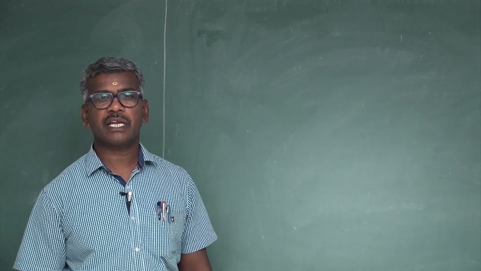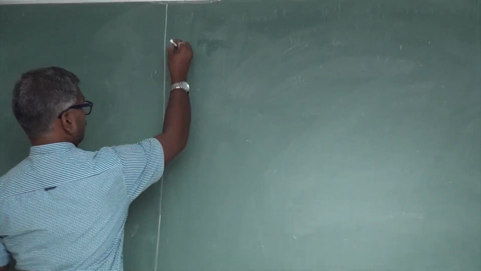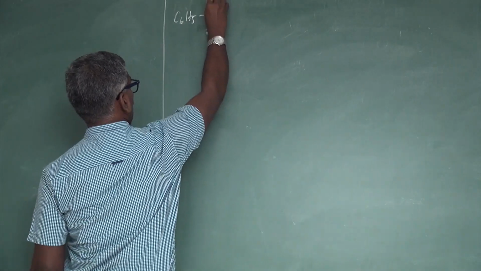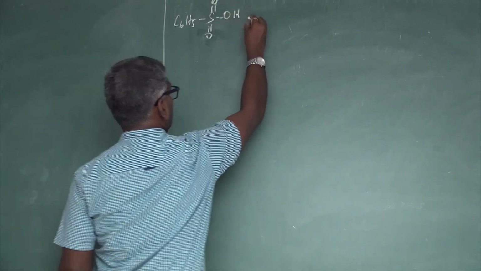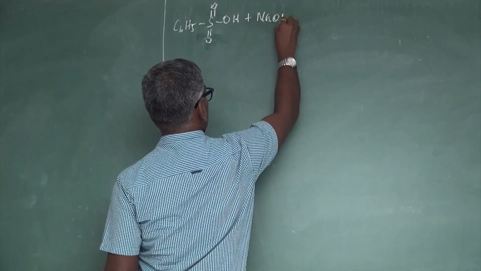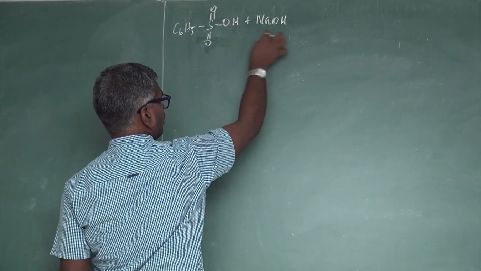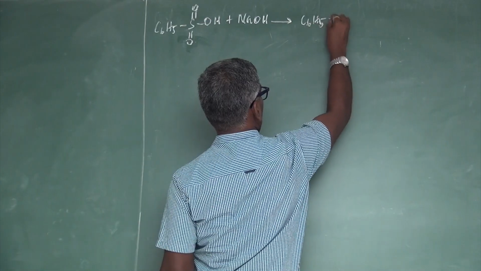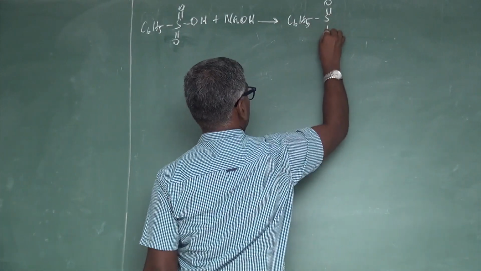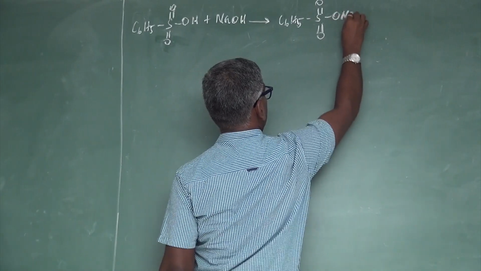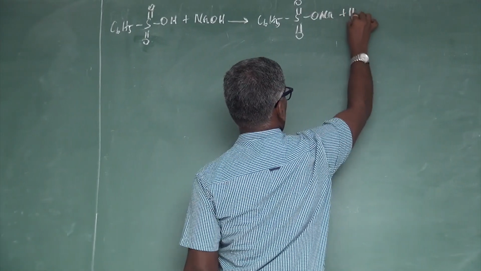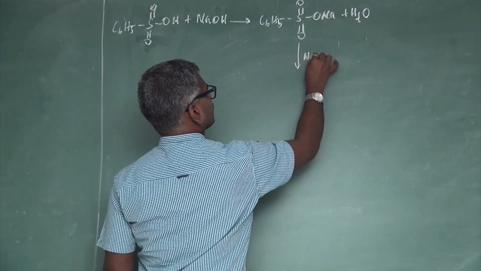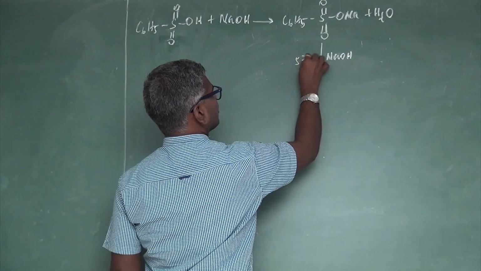First point, benzene is converted into benzene sulfonic acid. Next, benzene sulfonic acid, C6H5SO2OH, reacts with NaOH. This hydrogen is acidic, so removal of water forms C6H5SO2ONa plus water. This compound further reacts with NaOH at 573 Kelvin.